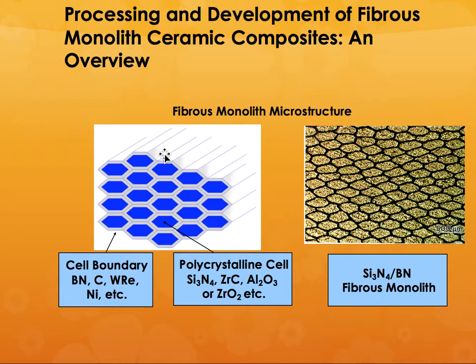So you extrude this one time, starting from a cell made out of the strong material and the outer material made out of the weak material.